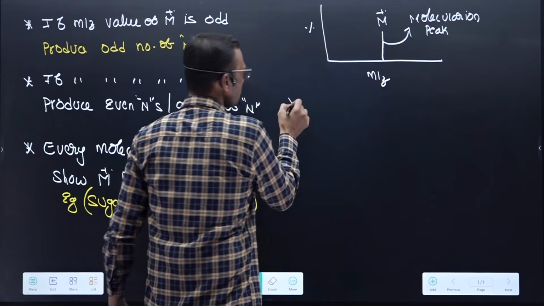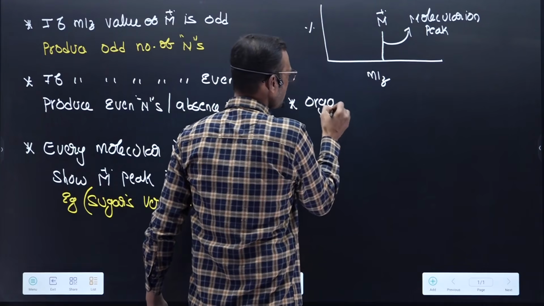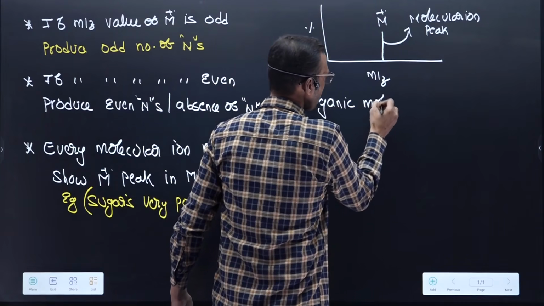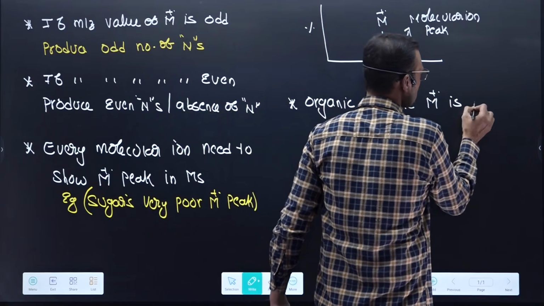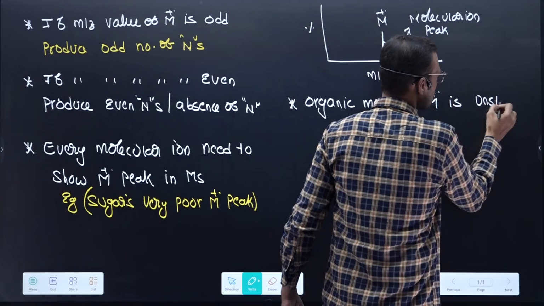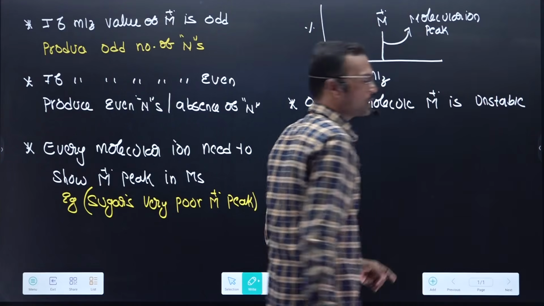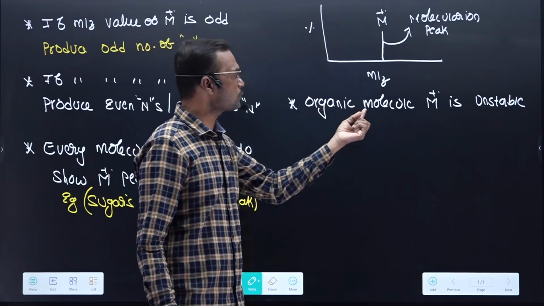Finally, we can say that if I take any organic molecule, the molecular ion is found to be unstable. Initially the organic molecule is an even electron species.